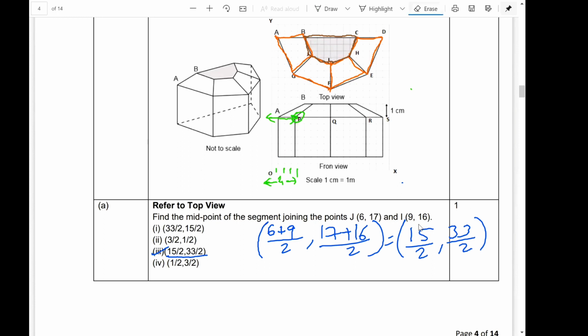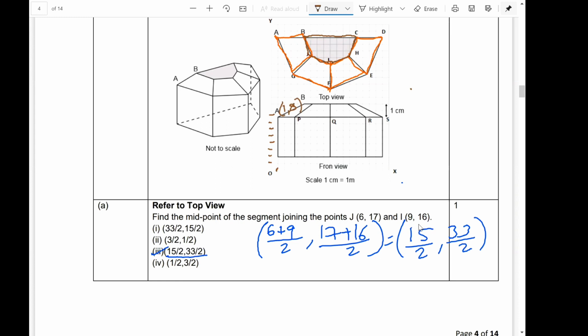So we are supposed to find the distance between the points A and S. Look at the point A. The coordinate of A: this is 1, and this one is 1, 2, 3, 4, 5, 6, 7, 8. So this is (1, 8). The coordinate of A is (1, 8).